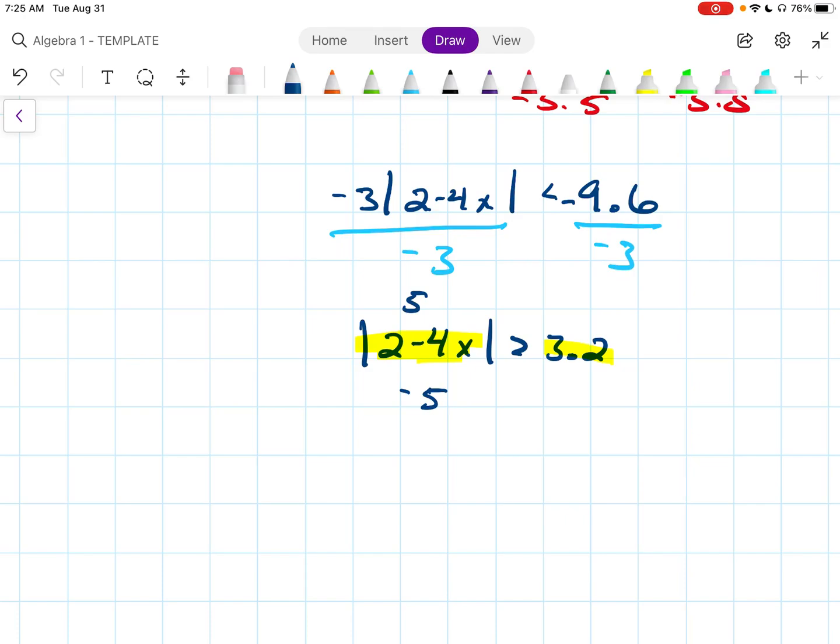That means it's going to be on either side, so it's going to be an or. We've got 2 minus 4x is greater than 3.2, or 2 minus 4x is less than negative 3.2.